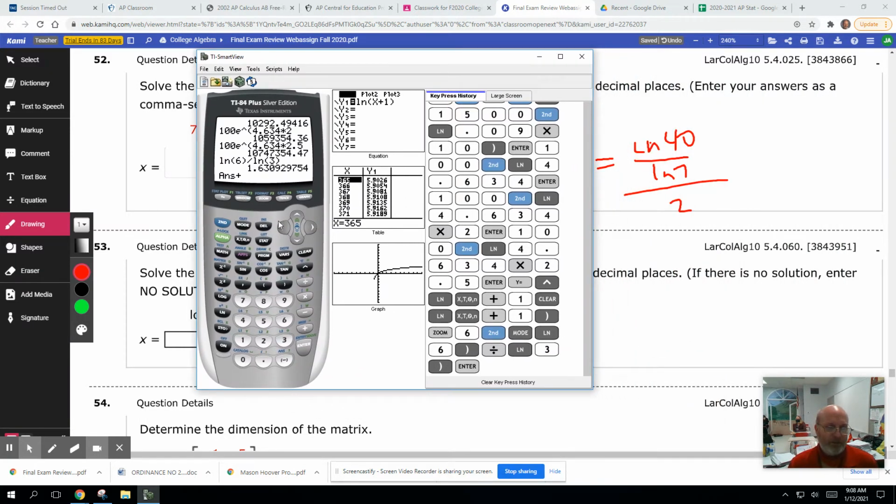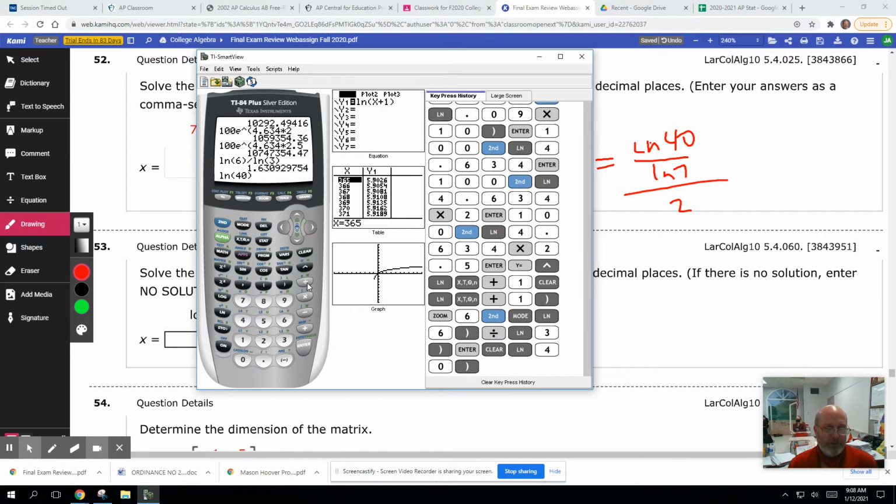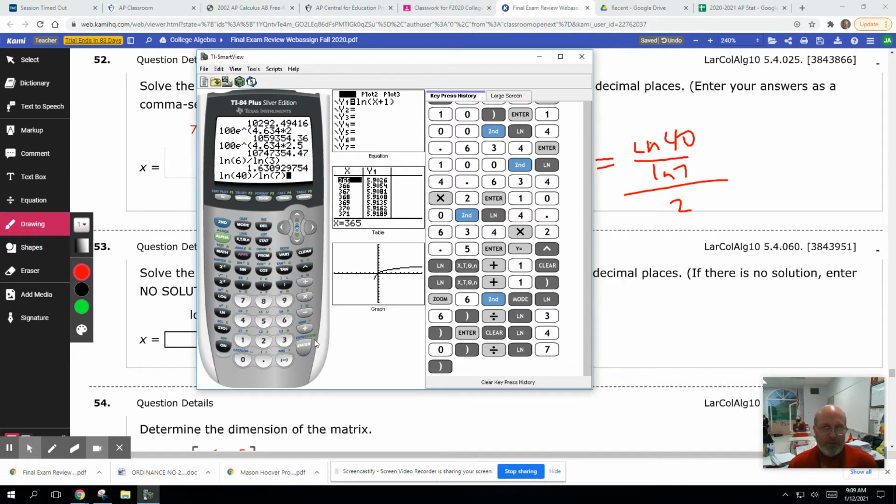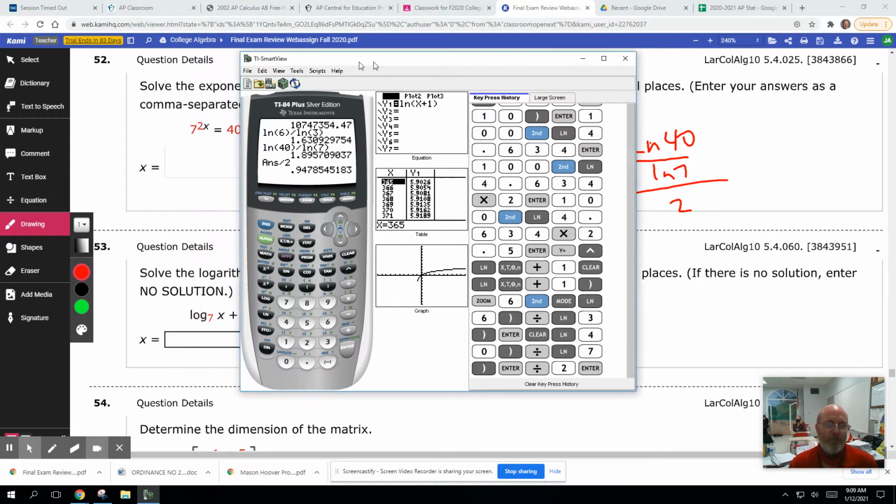So I'm going to clear that. ln 40 divided by ln 7. I'm going to hit enter there, and then divide the answer by 2. So I'm going to get 0.948.